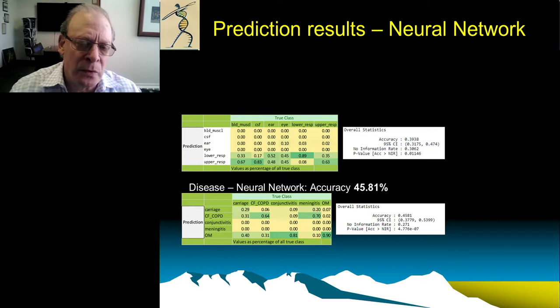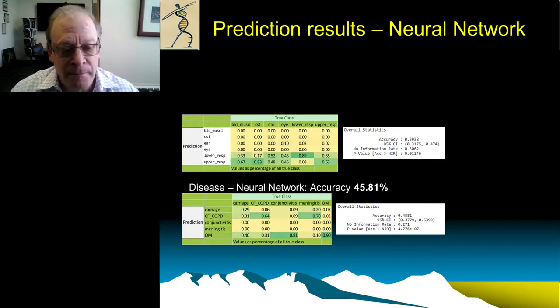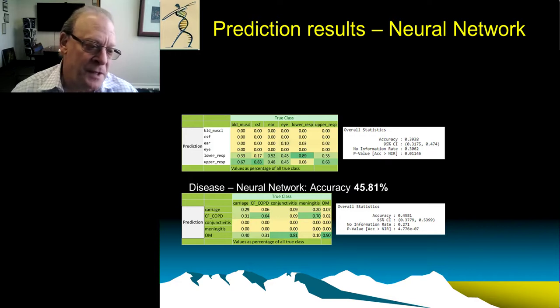And so using the neural nets, we got better than you would expect just based on random, because we're looking here at 5 different disease phenotypes. We've got carriage, COPD, conjunctivitis, meningitis, and otitis media.